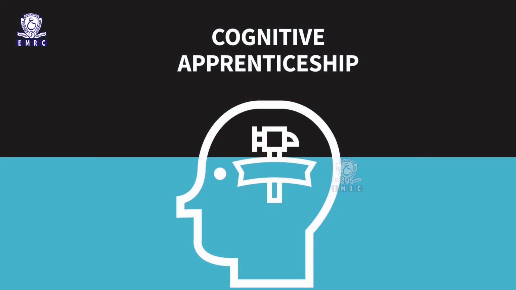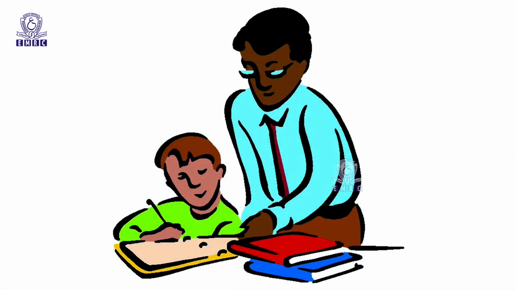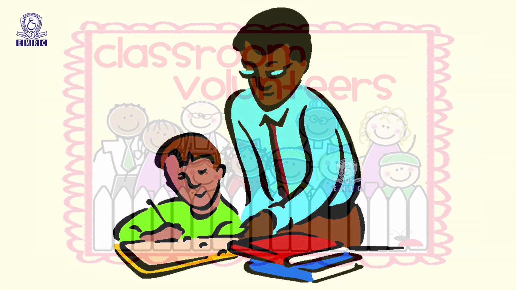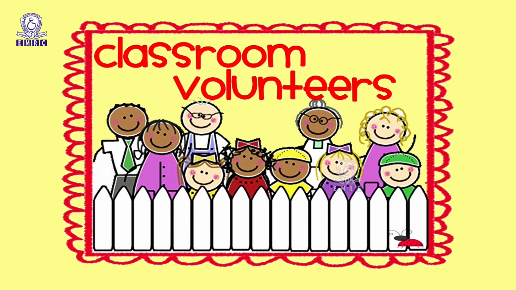A cognitive apprenticeship involves a novice and an expert. The expert stretches and supports the novice's understanding of and use of the culture's skills. Tutoring can take place between an adult and a child, or a more skilled child and a less skilled child. Individual tutoring is effective. Classroom aides, volunteers, and mentors can serve as tutors to support teachers and classroom learning.